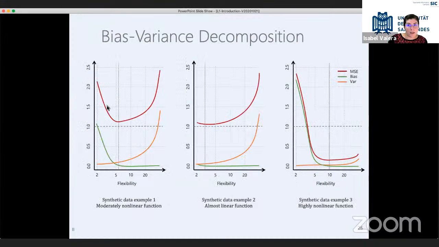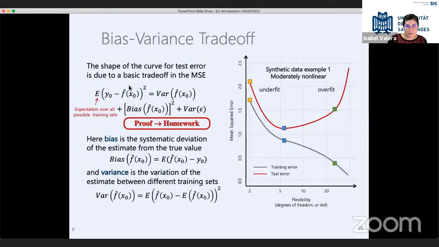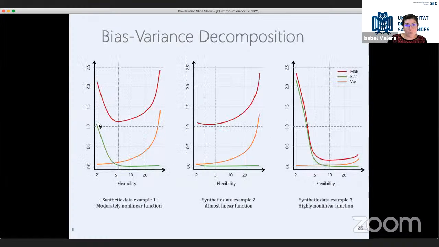I can decompose this MSE, which is the overall term, into these two terms, which are the variance and bias, and this explains why you get this kind of U shape. The goal in general of your learning, if you want to do a good job, is to try to find the minimum of this U shape when possible, or at least get something that has low variance and low bias, because both of them are going to bring you to a lower MSE in test.